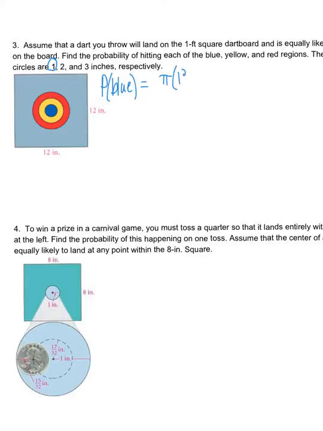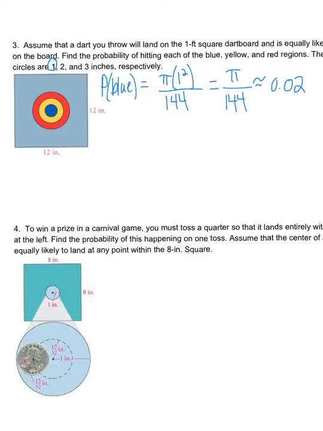So we've got 1 squared in our numerator, all over the total area, which I said before was this 12 times 12, which would be 144. So our probability would just be pi over 144, which is approximately, if I use 3.14 for pi, 0.02 for my probability ratio.